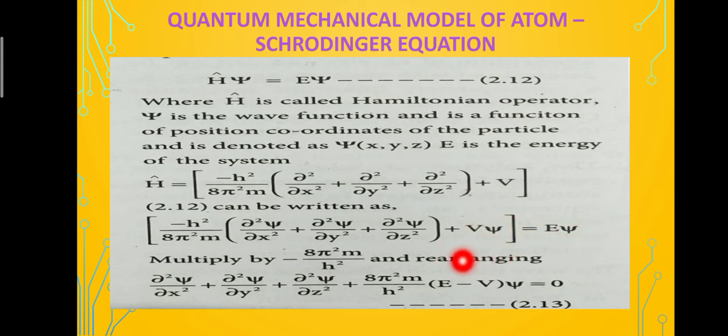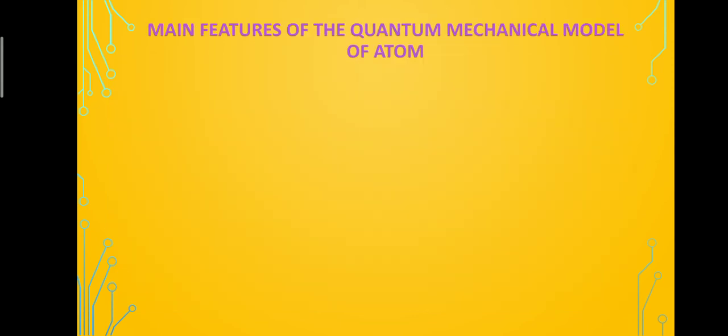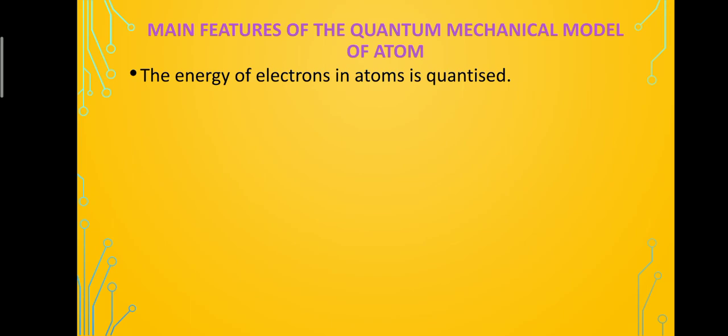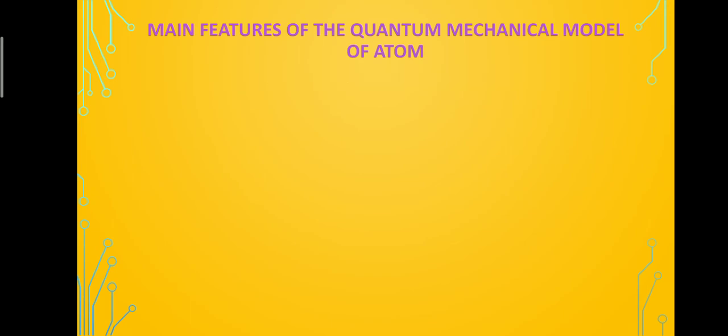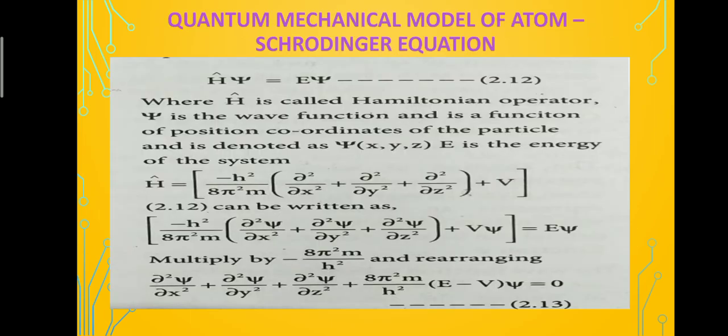So this last equation 2.13 is a Schrodinger wave equation, and it does not contain time as a variable. So we can refer to this equation as a time independent Schrodinger wave equation.